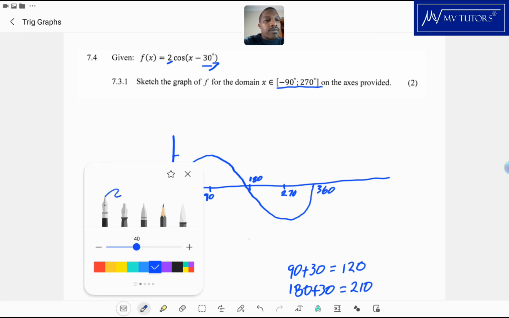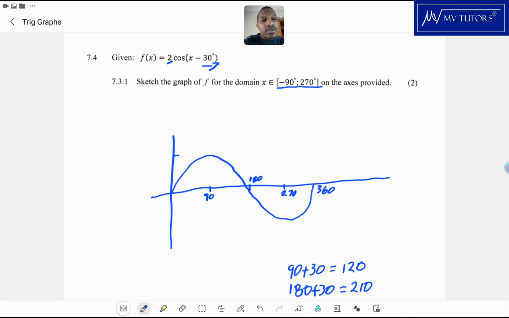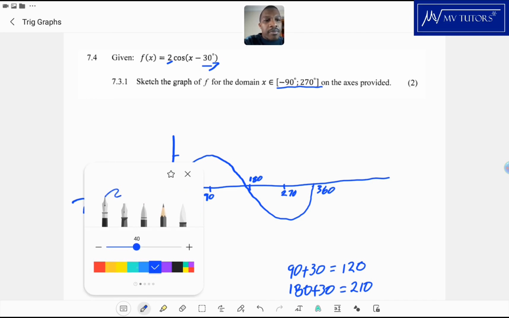Now, also originally, this one continues from minus 90 to 180. So it continues like that. It just repeats itself. Now, these are the bounds. Let's put the bounds in.